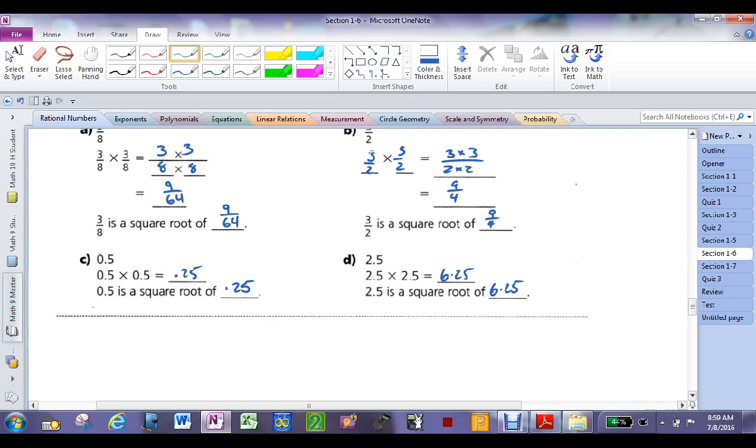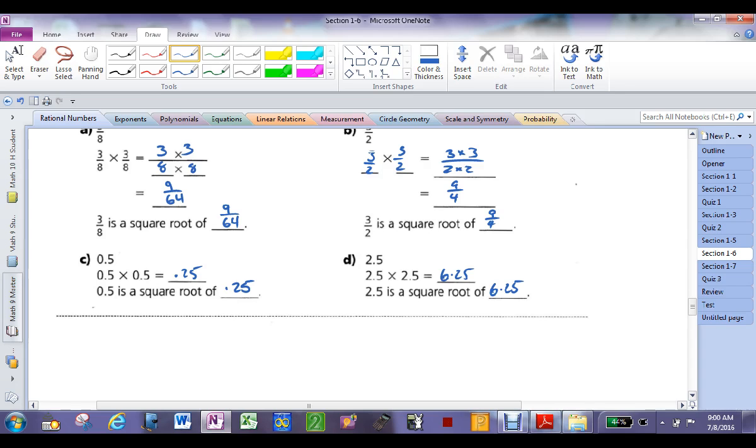What does that tell us about, does the number of decimal places affect whether or not something can be a square root? Yeah, it does. It has to be an even number of decimal places if it's going to be a perfect square root. Why?